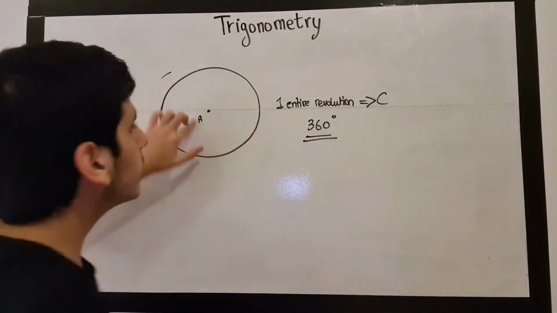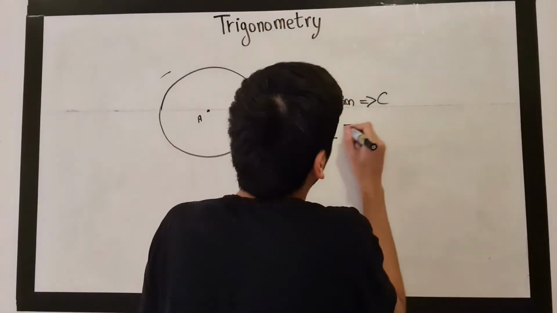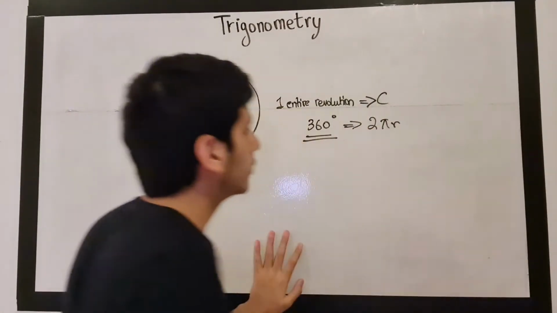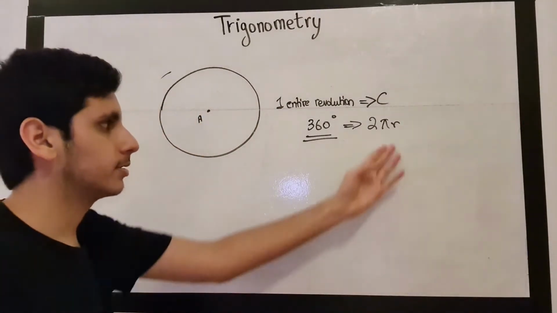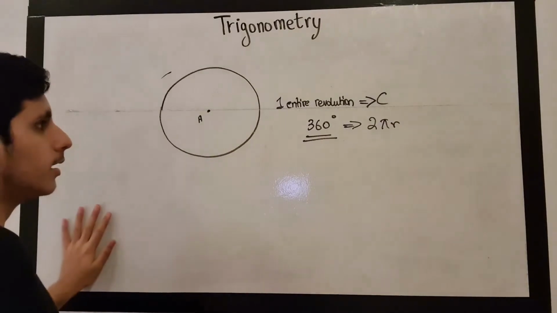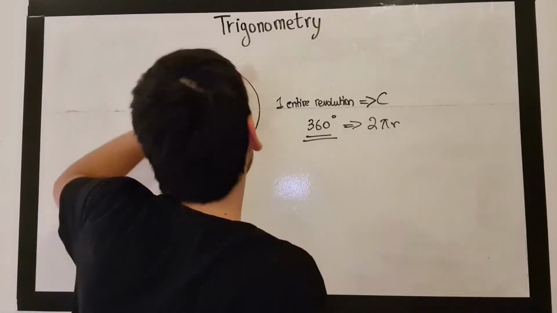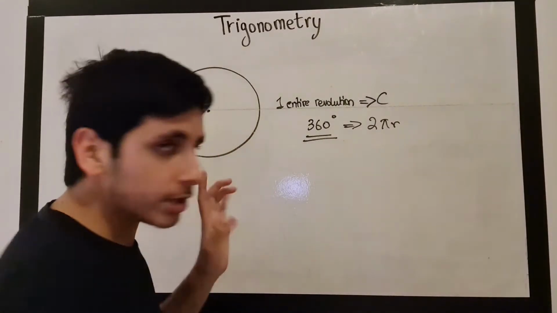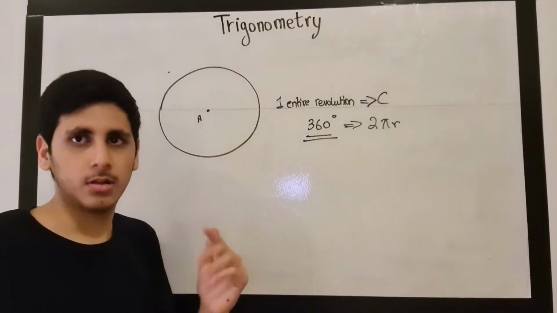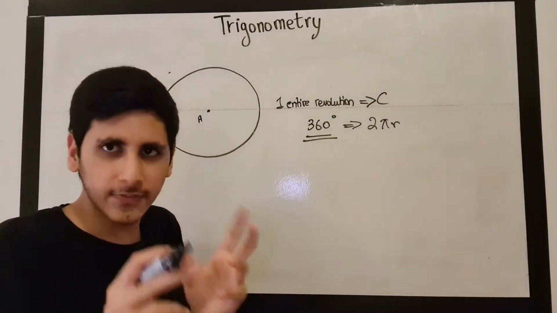So 360 degrees corresponds to one circumference, or 2 pi r, okay? So now we know how many degrees correspond to the circumference, and how many radians correspond to the circumference of the circle, okay?